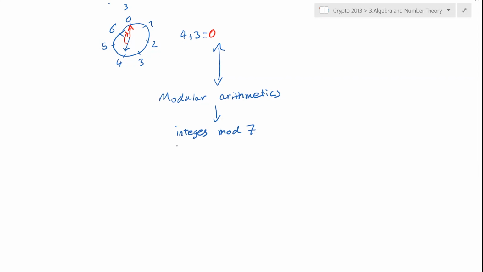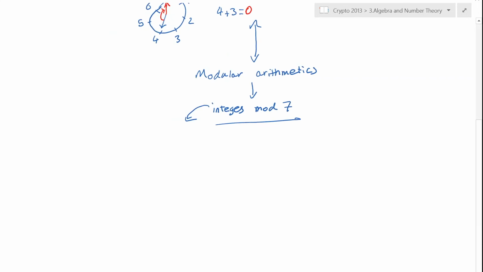Which brings us to some discussion. What are the integers? Remember that we always show the integers with the set Z with a double stroke. This is the set of all numbers from negative numbers to 0 to 1 and 2 and all the way to infinity.